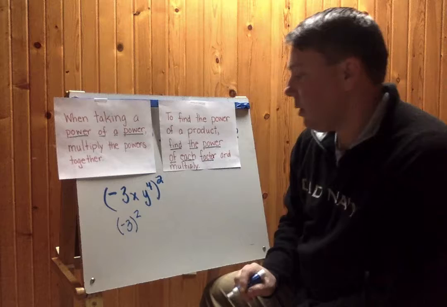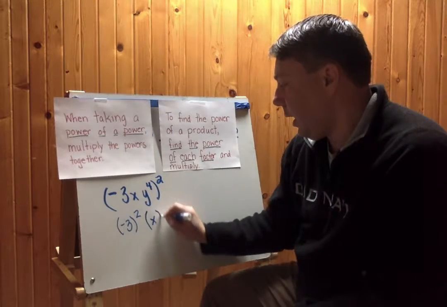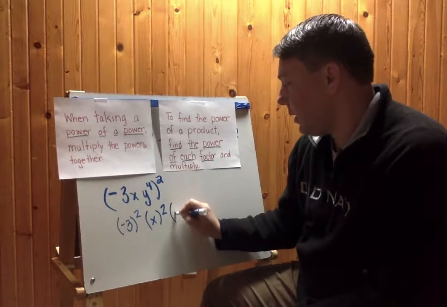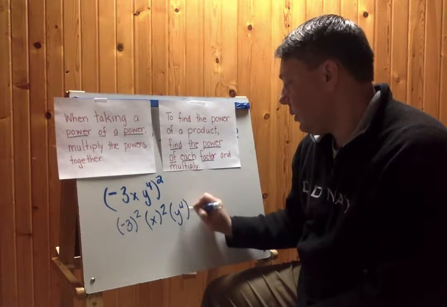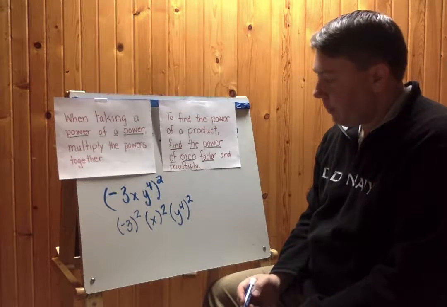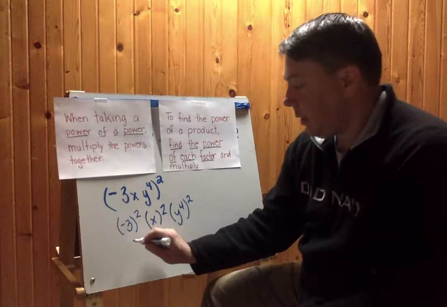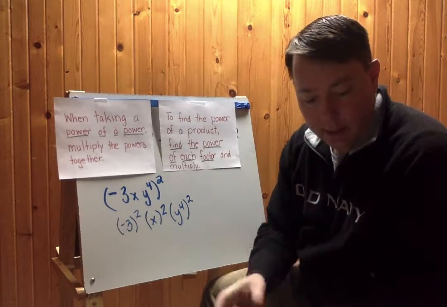Put it in parentheses so that you remember the 3 is negative. Sometimes it's just helpful to write every factor in parentheses. It separates them and helps you to see that you're going to square each factor. So you have -3 squared. Well, -3 times -3, that's a +9. Here, I'll write it in orange again.